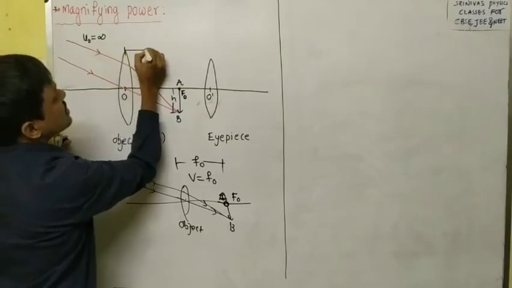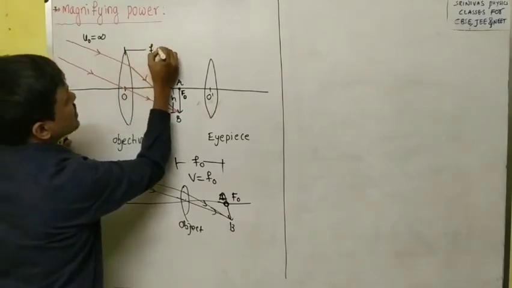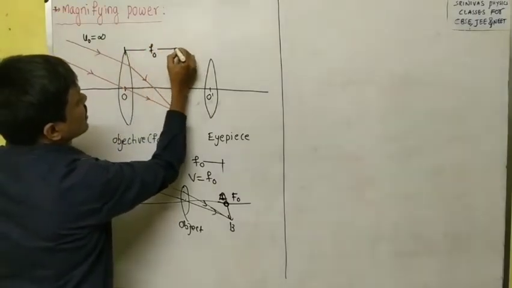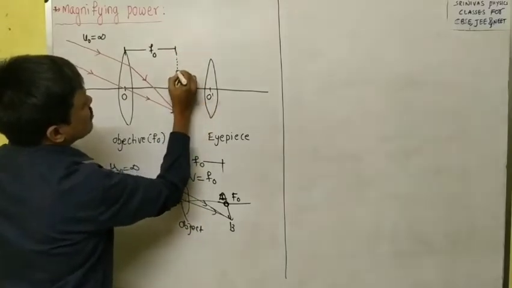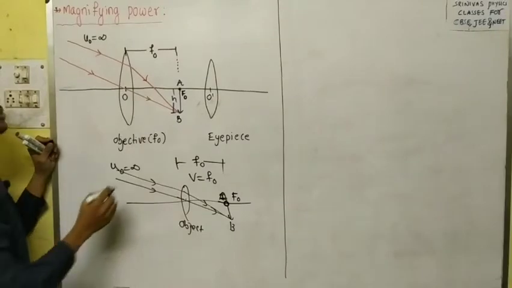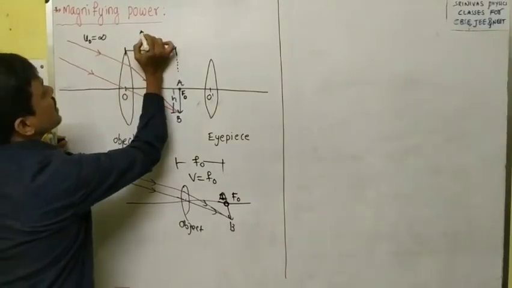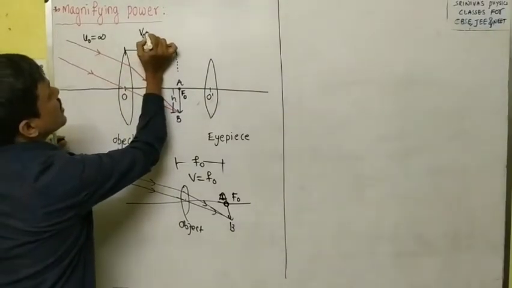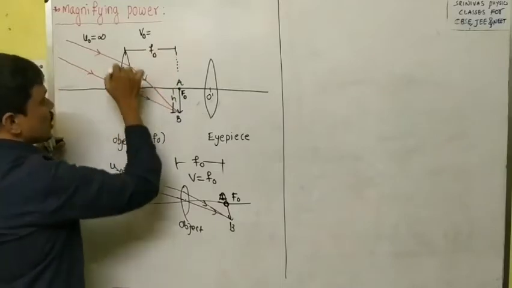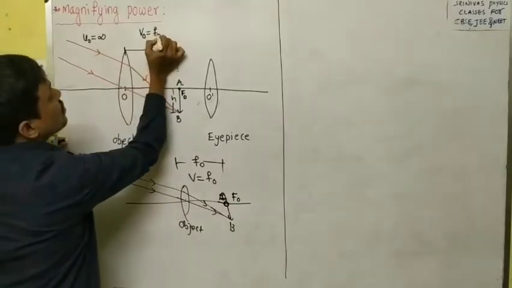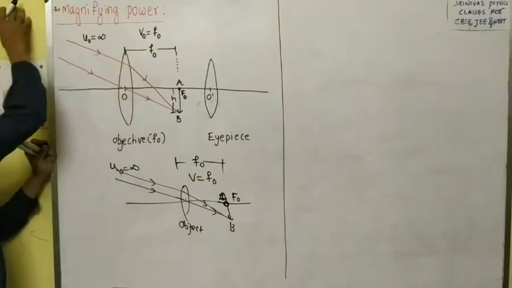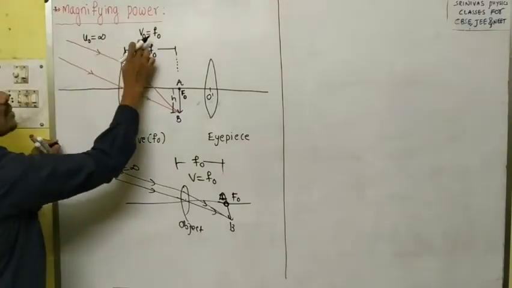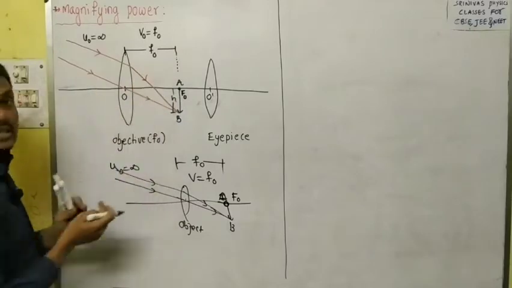This is at FO distance, and FO is the focal length. Now what is this? This is the image distance for the objective lens, that is equal to FO. For the objective lens, the object is at infinite distance, UO is infinite, and the image is at the focus, image distance is FO.